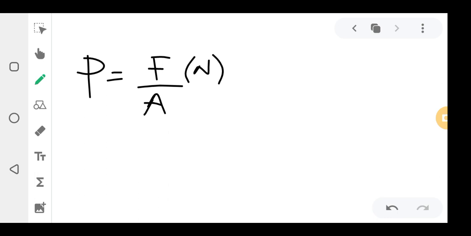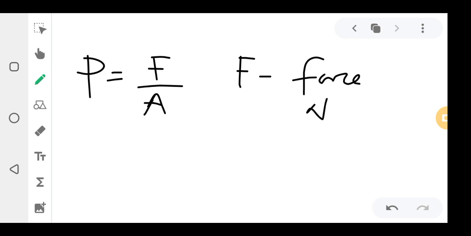Now, the formula for pressure is this. Pressure is equal to force over area, where F stands for force, which is measured in newtons, and A stands for area.